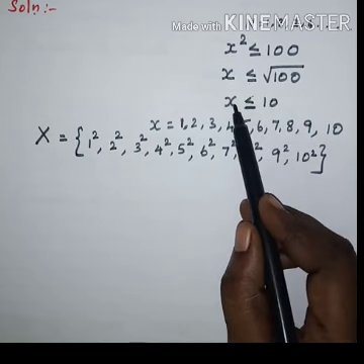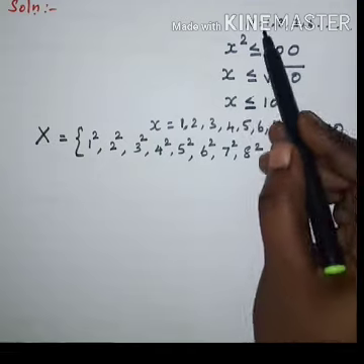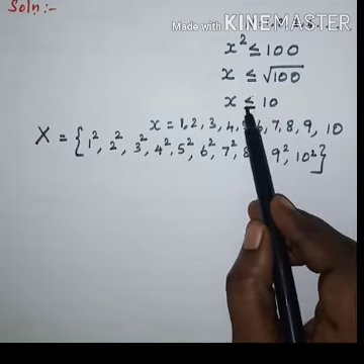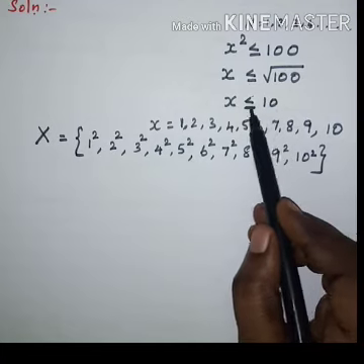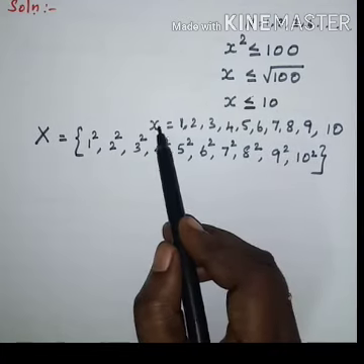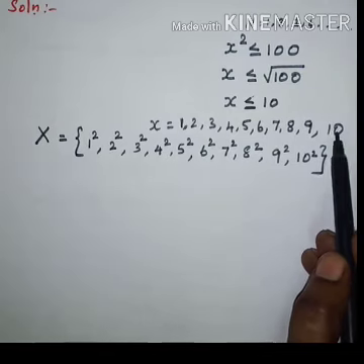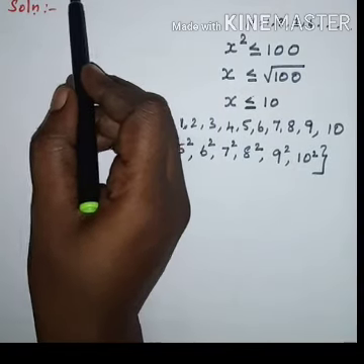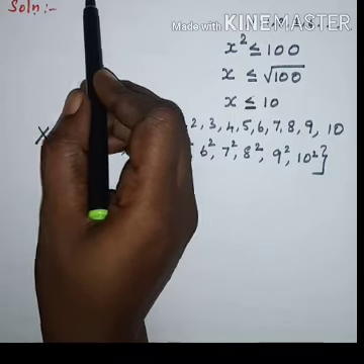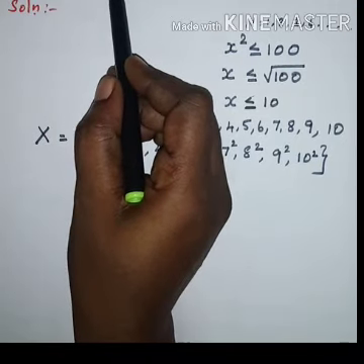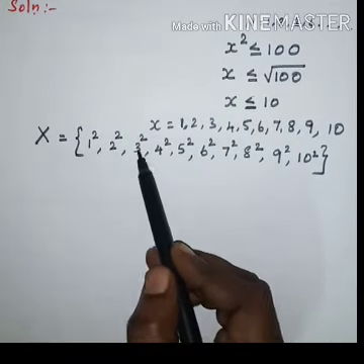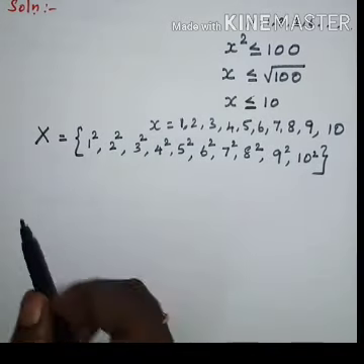So the starting value for x is 1 and the final value for x is 10. Here the equal to sign is given, so we have to take this 10 also. So the value of x is 1, 2, 3, 4, 5, 6, etc. up to 10. Coming to this set X, it is given by x square, so we have to write 1 square, 2 square, 3 square up to 10 square.